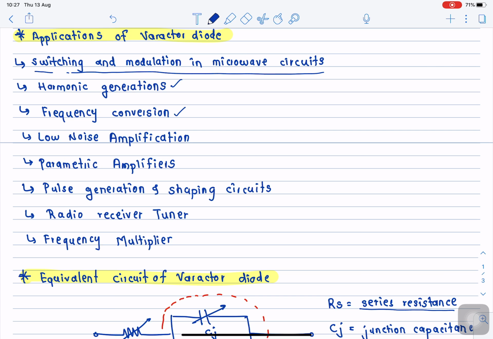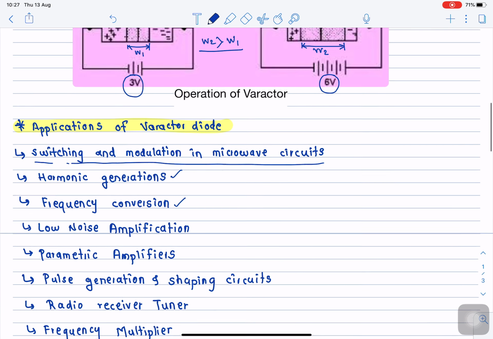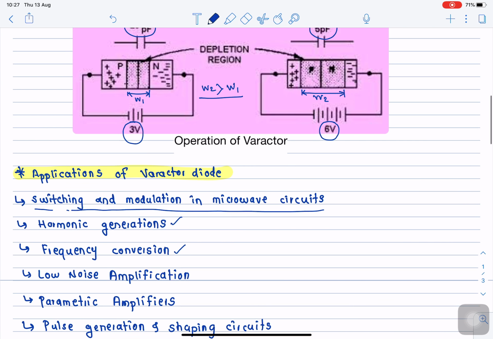One diode is dependent on the phenomenon of transfer of electrons, and the second category is known as Read diodes or IMPATT family diodes, which are essentially transit time devices. And lastly, we will see the application of Varactor diodes, especially in a parametric amplifier.